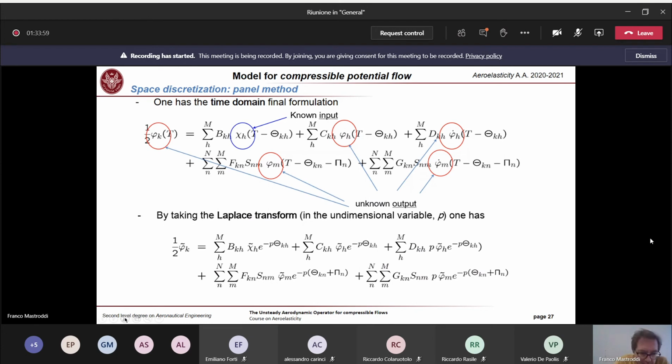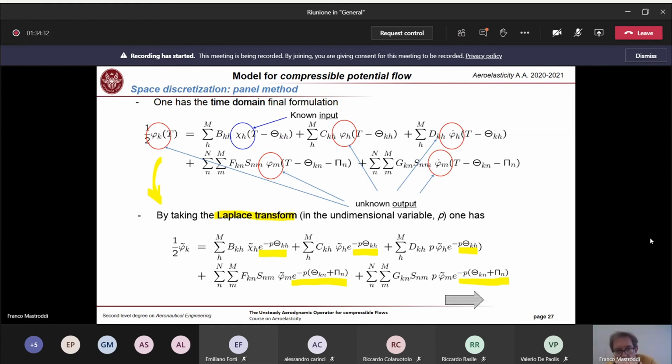In the Laplace domain, we can obtain from this time description a Laplace domain description, taking the Laplace transform of this expression, and so we have an exponential mechanism of delay, and here on the wake we have a double mechanism of delay, for compressibility and for the wake delay mechanism.